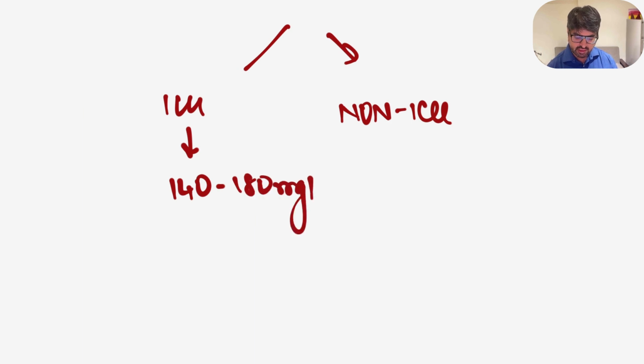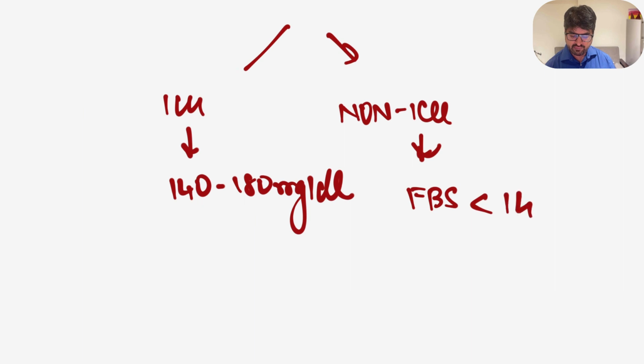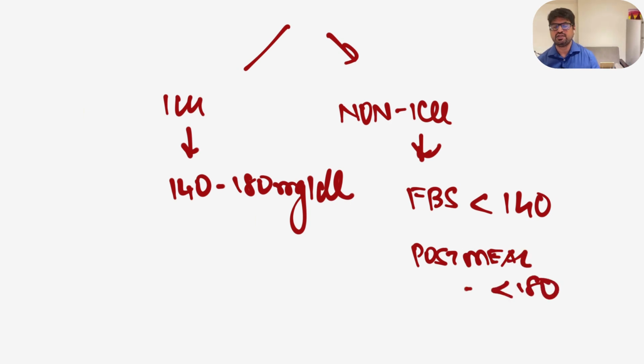Now I'll discuss this point a little bit in more detail. And in a non-ICU, non-critically ill patient, we tend to target a fasting blood sugar less than 140 and post-meal sugar less than 180. Okay, so these are the targets that we generally keep in ICU and non-ICU settings.